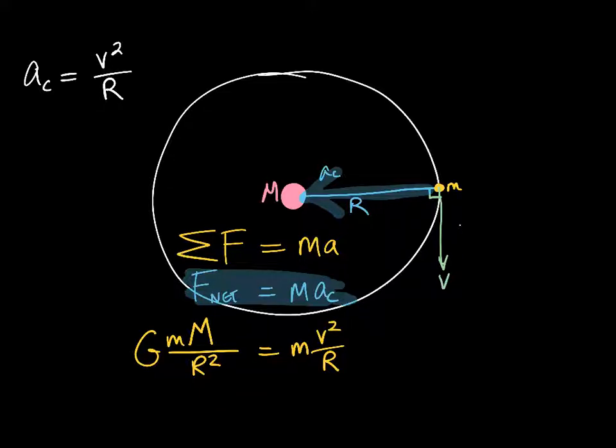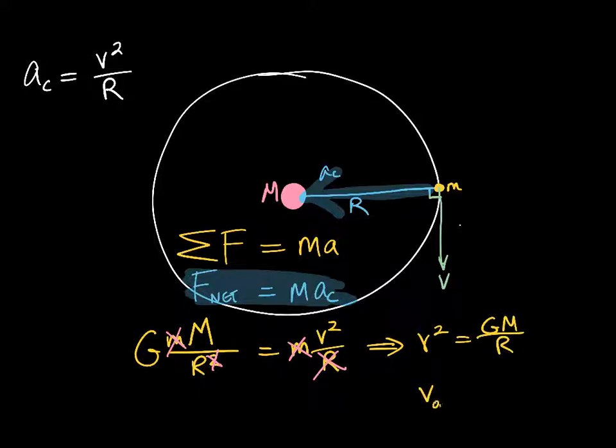Well, interestingly enough, the mass of the orbiting thing is irrelevant in this force balance. Don't need it. We cancel little m and one radius on one side. So we easily obtain that v squared is big G, big M over r.